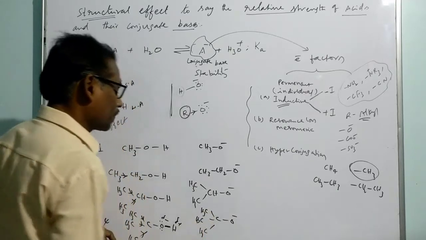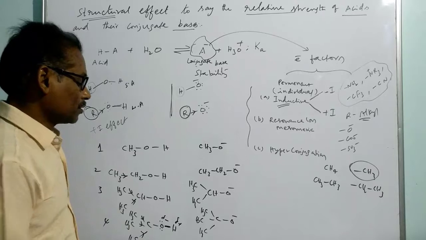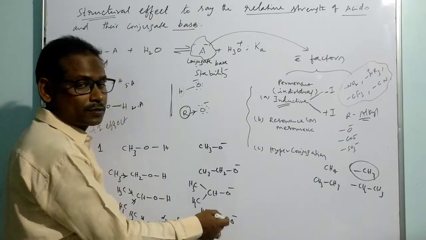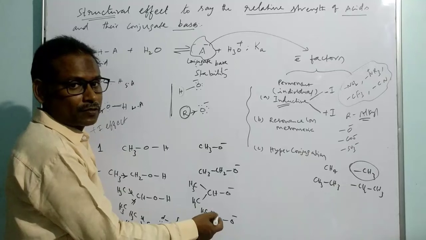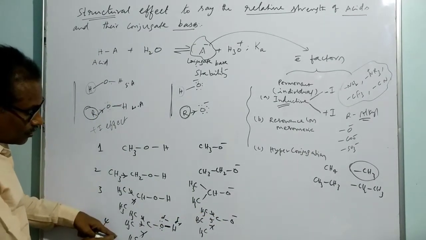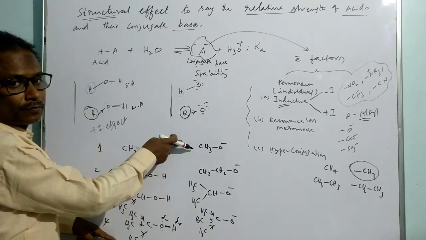Among all these, which is less stable? This is less stable because of more electron donating groups and more electron density, and it becomes destabilized. Acidic strength is decreased. Then the basic strength also decreases from down to up.